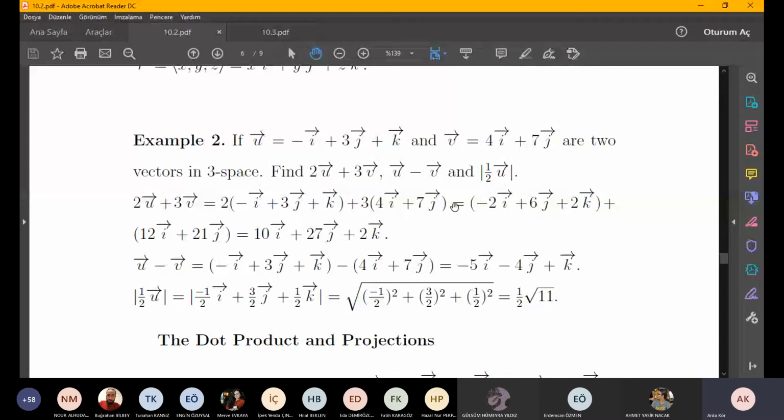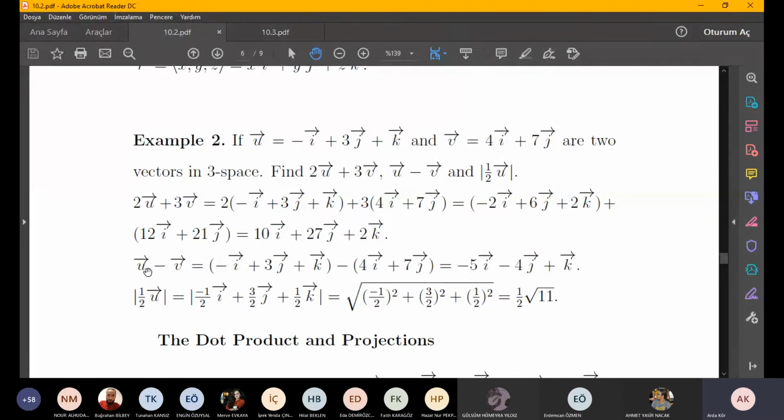So it will be -2 plus 12, which will be 10i. This will be the first component of the vector 2u plus 3v, and 6j plus 21j will be 27j, plus 2k plus 0k actually will be 2k. So the components of 2u plus 3v will be 10, 27, and 2.